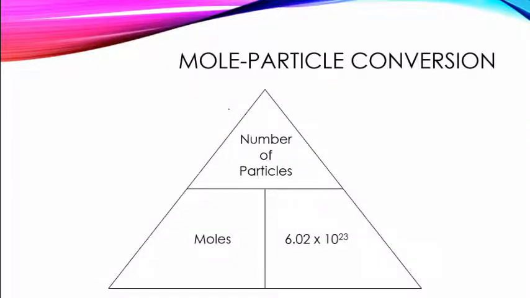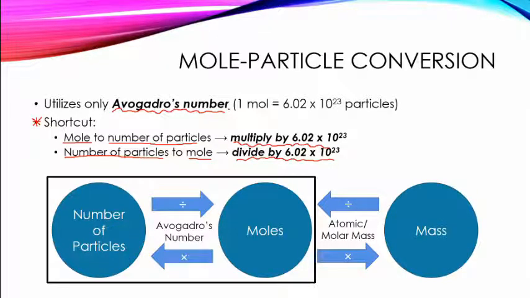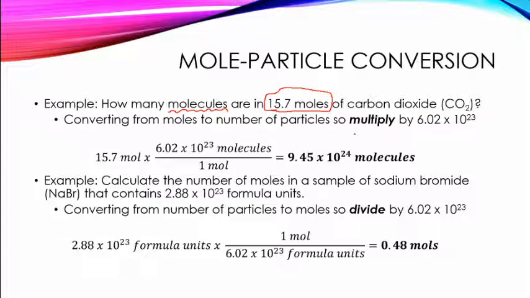If we go back to my previous slide, my first bullet point was that I'm going to multiply by Avogadro's number. So I'm going to take 15.7 and multiply by Avogadro's number, 6.02 times 10 to the 23rd. When you do this in the calculator, remember you have to use parentheses.